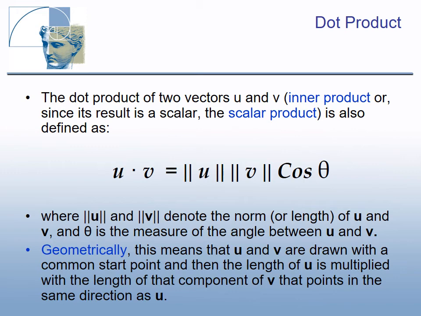Geometrically, this means that u and v are drawn with a common start point, and then the length of u is multiplied with the length of that component of v that points in the same direction as u. So, we can say that we need to project one vector to the other and then multiply their lengths.